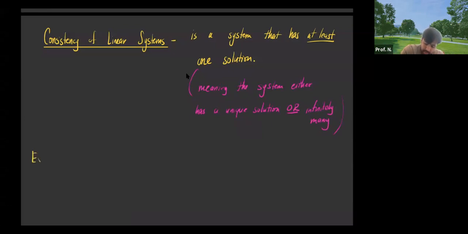So I'll give you an example. Now I'm going to switch over, instead of using x, y, z all the time, to a different way of representing the same thing. I'm going to use x as a symbol for variables, but attach a subscript. So x sub 1 is my first variable, x sub 2 is my second variable instead of writing y, and x sub 3 is my third variable.